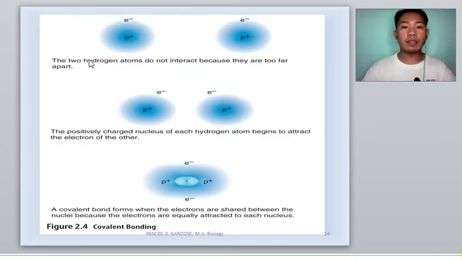Observe that the two hydrogen atoms do not interact because they are too far apart, while the positively charged nucleus of each hydrogen atom begins to attract the electrons of the other. Later on, the covalent bond forms when the electrons are shared between the nuclei because the electrons are equally attracted to each nucleus.